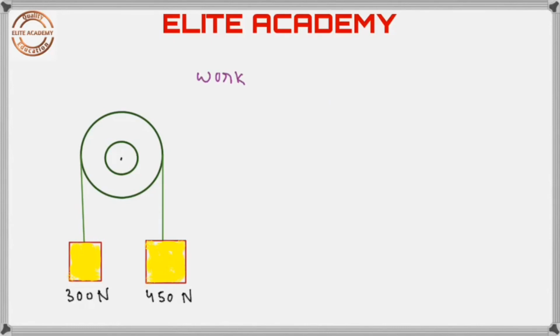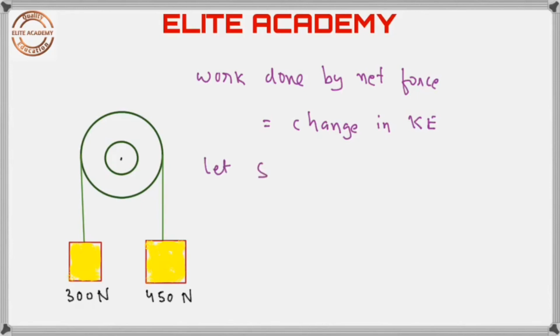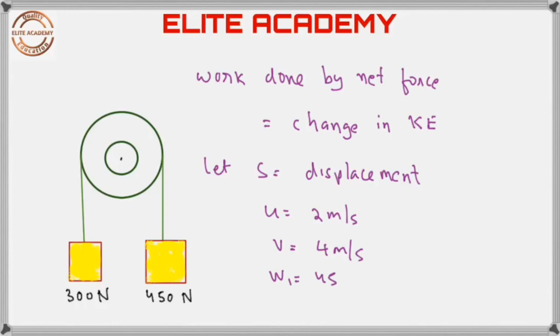Let us come back to work energy theorem. Work done by net force is equal to change in kinetic energy. So here let S be the displacement of the system and initial velocity of the system u is equal to 2 meter per second and final velocity of the system v is equal to 4 meter per second.